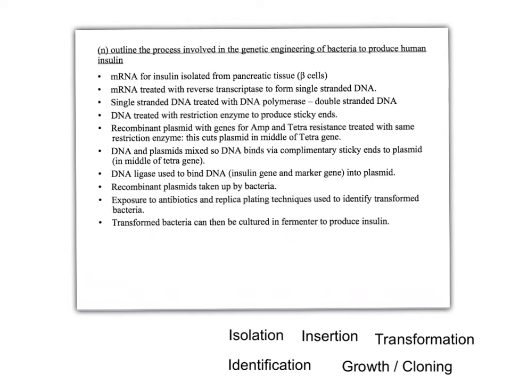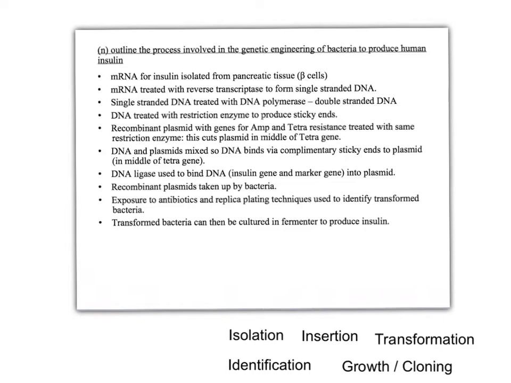We mix our bacteria with our plasmid. Calcium chloride is used to help, and then we cool the mixture down to 0 degrees centigrade and then rapidly heat it up to 40 degrees centigrade, and that increases the uptake of the plasmid into our bacterium.